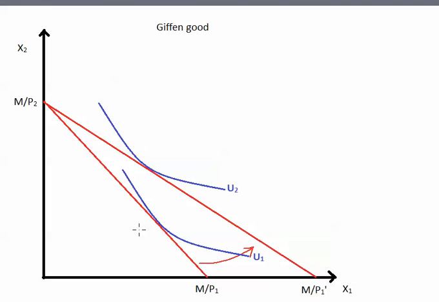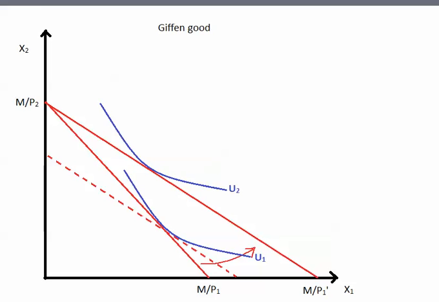To decompose the effect of this price change, we can do what we did earlier, and we can rotate the budget constraint around the original indifference curve until we reach the new price ratio. So that's what we have here.